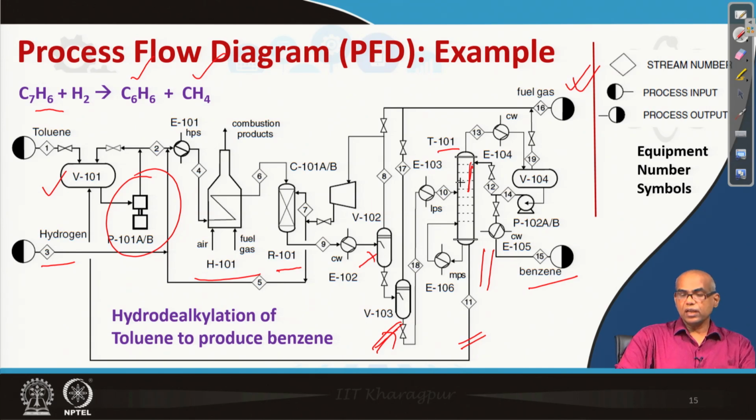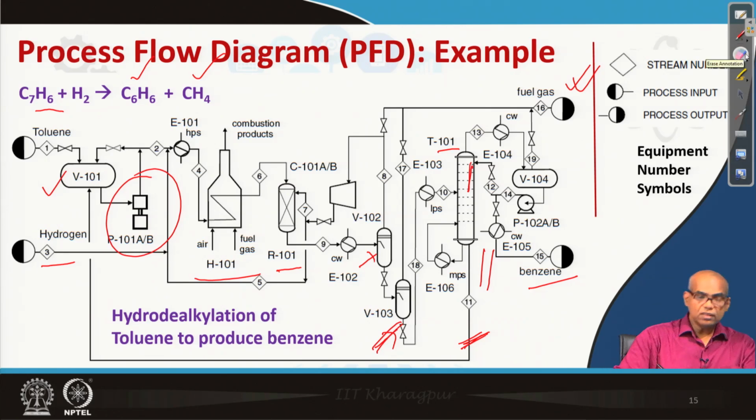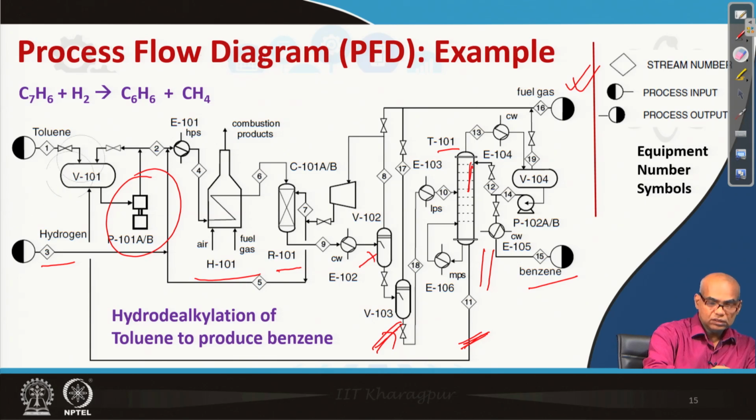The benzene is taken out as product, and the toluene is recycled back. So, this is the process flow diagram for hydrodealkylation of toluene to produce benzene.